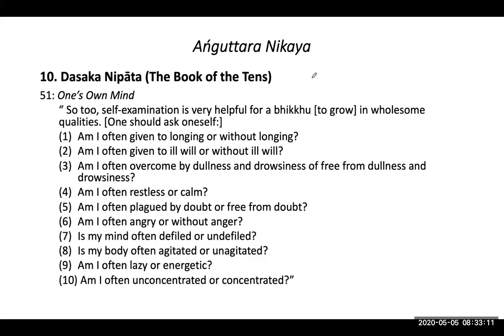In the book of the 10th, Dasaka Nipata, there is the sutta on one's own mind. Self-examination is very helpful for a bhikkhu to grow in wholesome qualities. One should ask oneself. This sutta suggests: check yourself, examine yourself. Am I often given to longing or without longing?